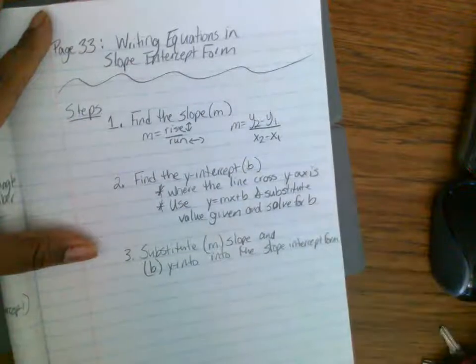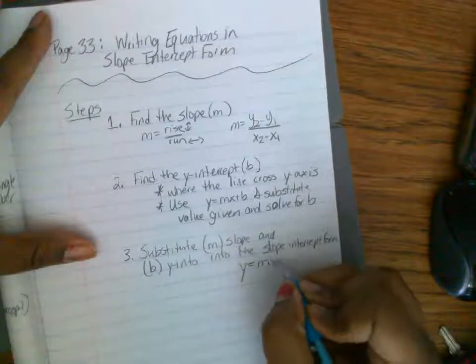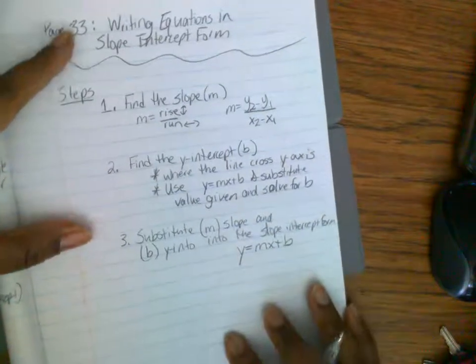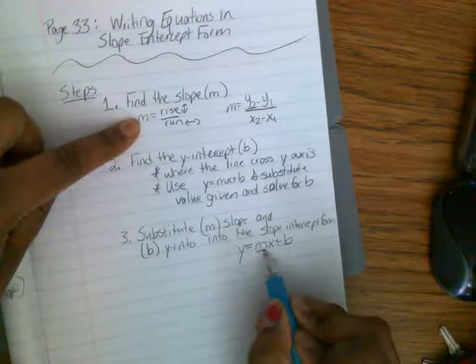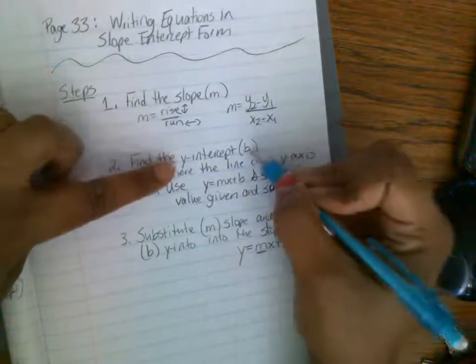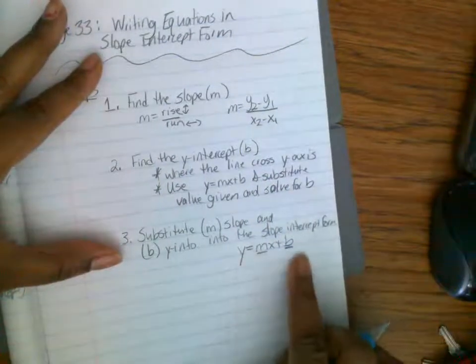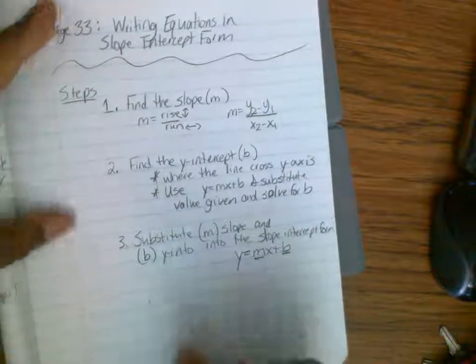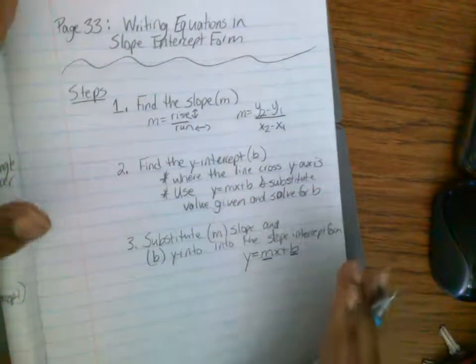Okay. And remember, the slope-intercept form is y equals mx plus b. So you're going to put whatever your m is equal to right here for m. And then whatever your b is equal to, you're going to put that number right here for b. Okay? And these are the steps to writing an equation.